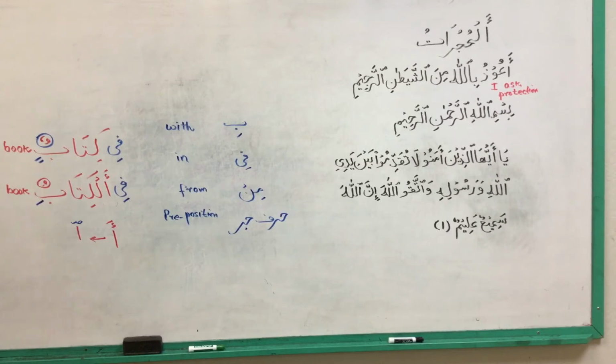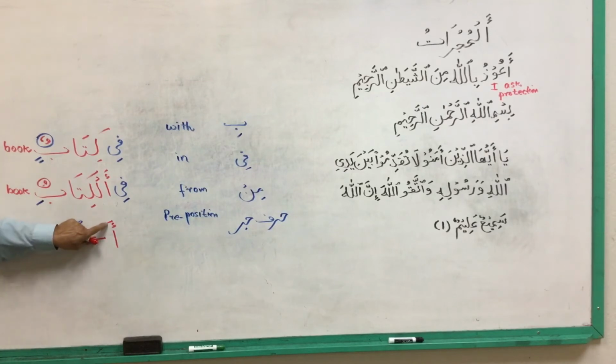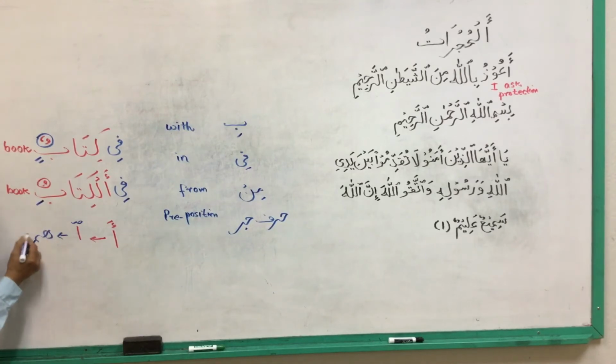This letter is not called alif anymore. This is alif here with a harakat on it, which was the fatha. But now we are not pronouncing this, so we remove this little sign, put this thing there, and this is now called Hamzatul Wasl, Hamza al-Wasl.